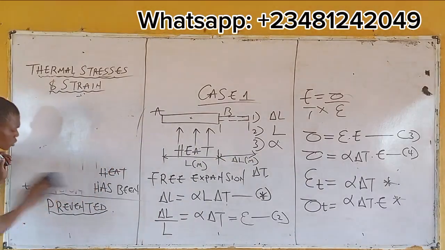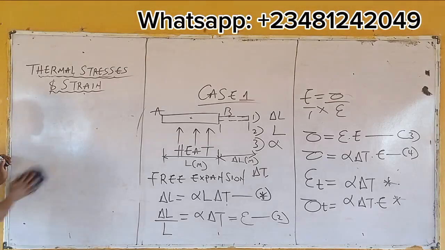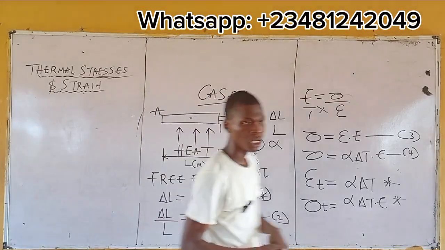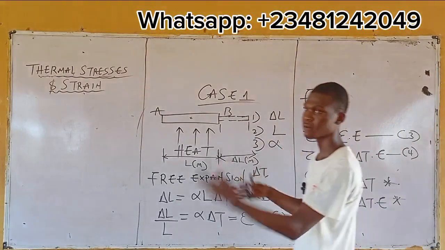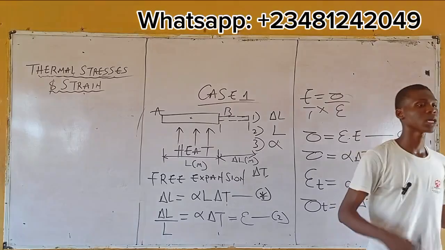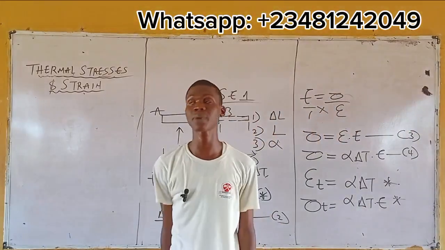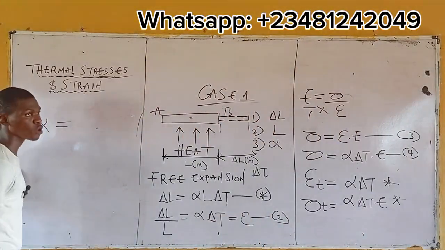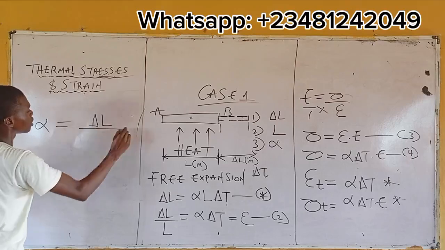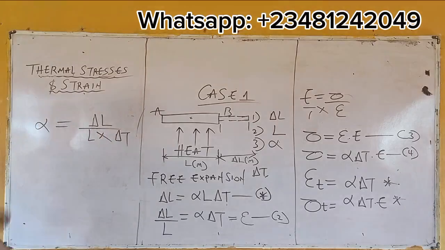I said we are going to understand this topic in two forms. The first is the practical explanation, where we have a rod. The other is by linear expansivity. By formula, linear expansivity is equal to change in length over original length times change in temperature.